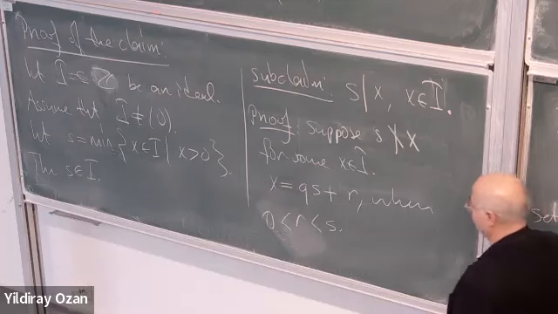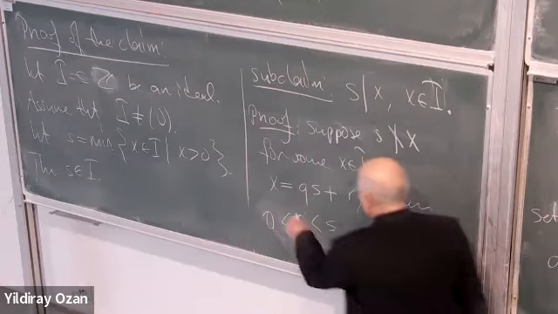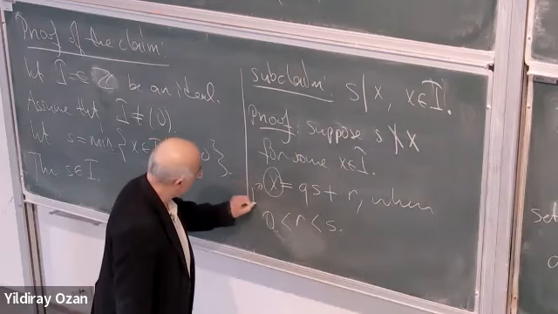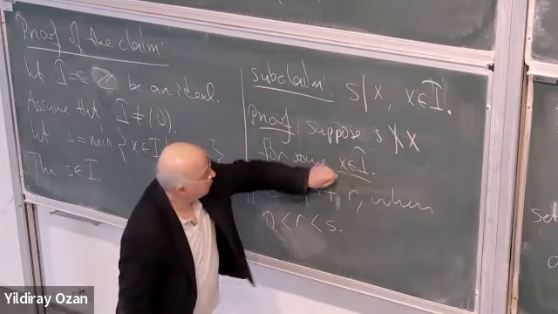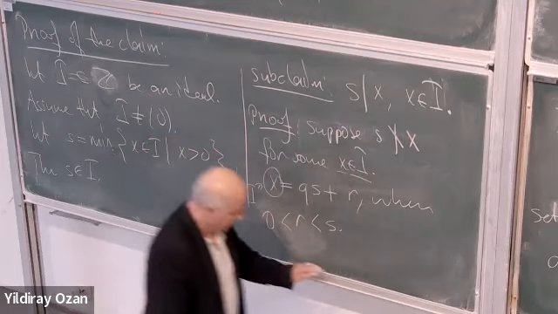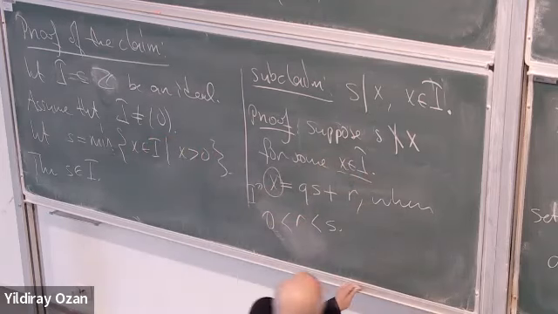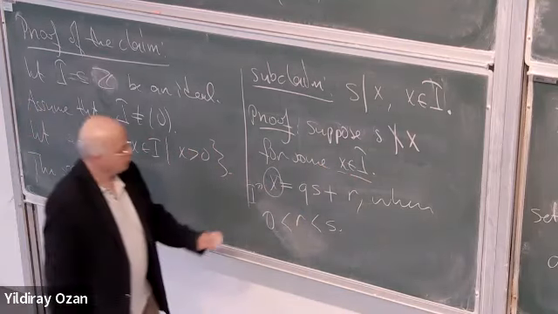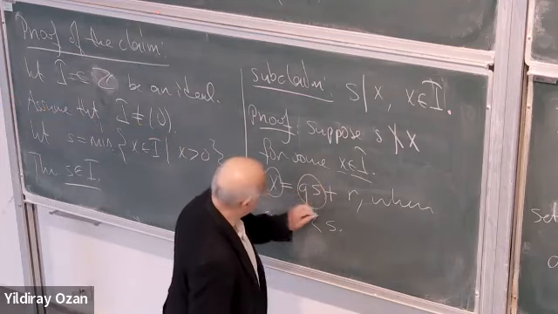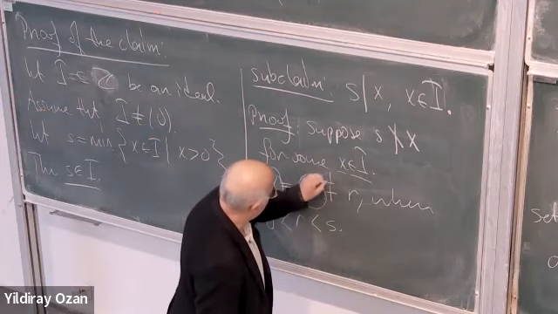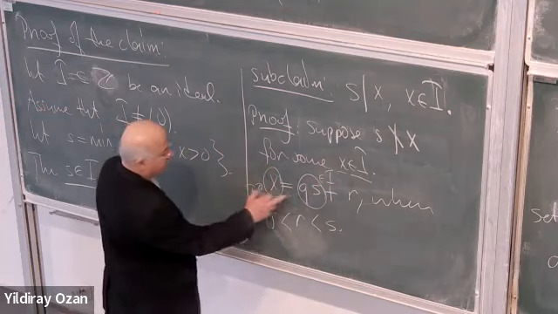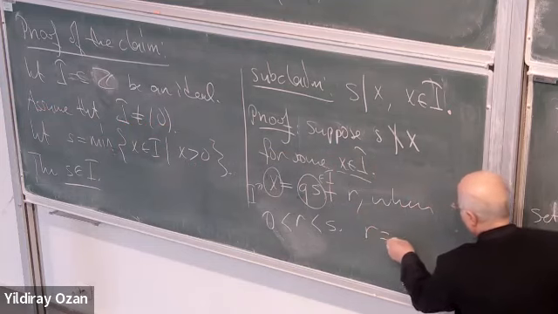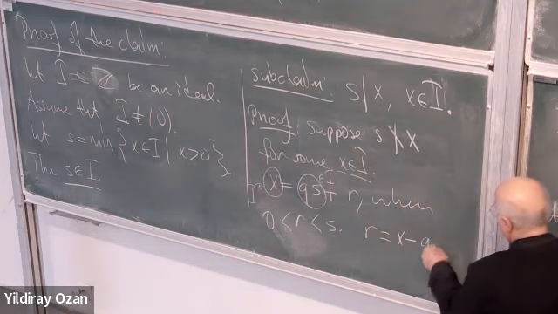But now we have this: x is in I. Right? S is in I. Therefore, q times S is in I. So this is in I, and this is in I. But then I can write r to be x minus qS.